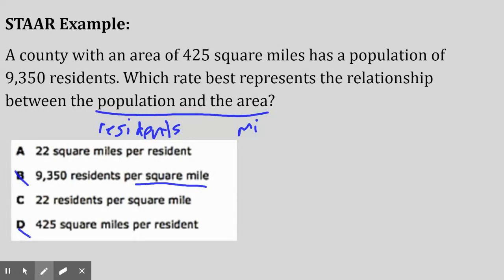Now, let's go through and solve this so we can see what should be right, A or C. Probably, based on our word ratio alone, you should be able to figure this out. But let's go through this anyway. So I'm going to use residents per mile. You could have used population per mile or population per area. That's fine.